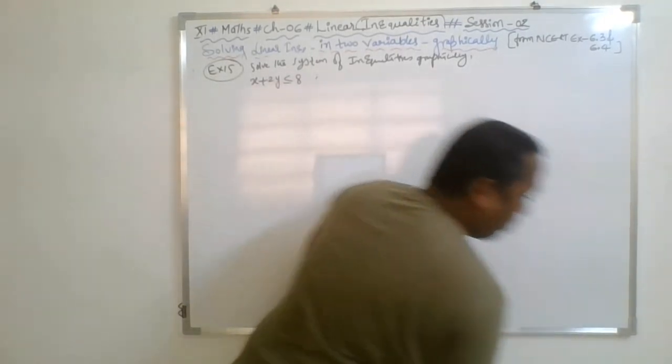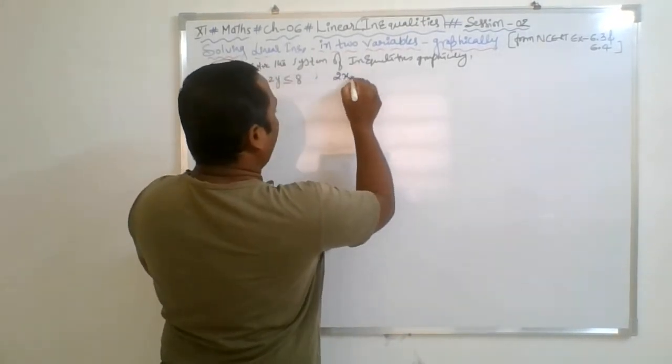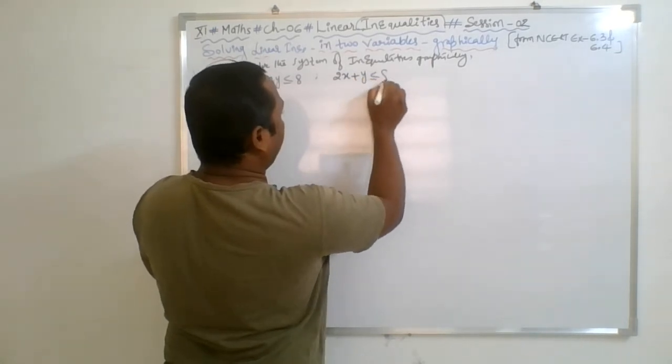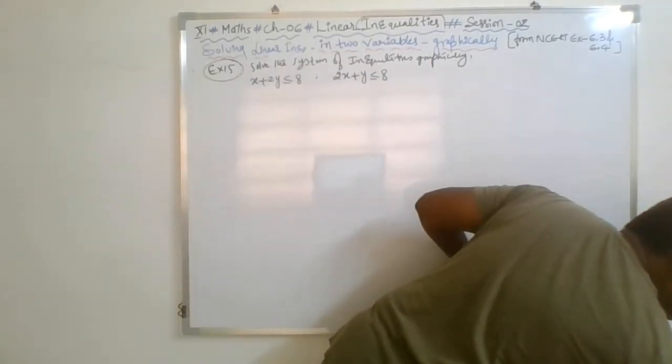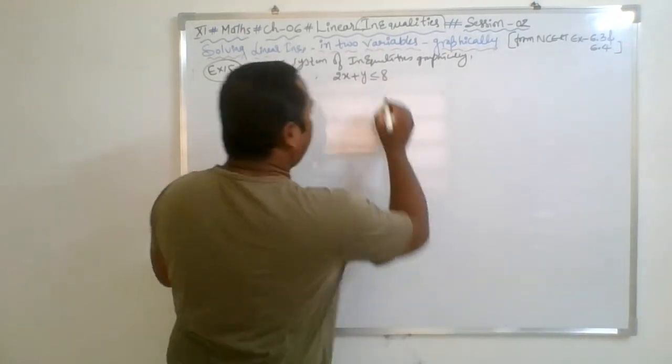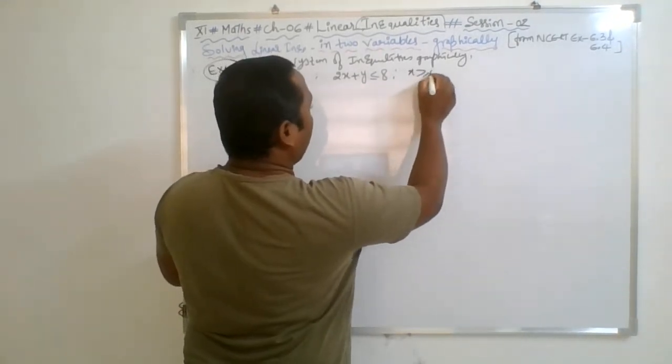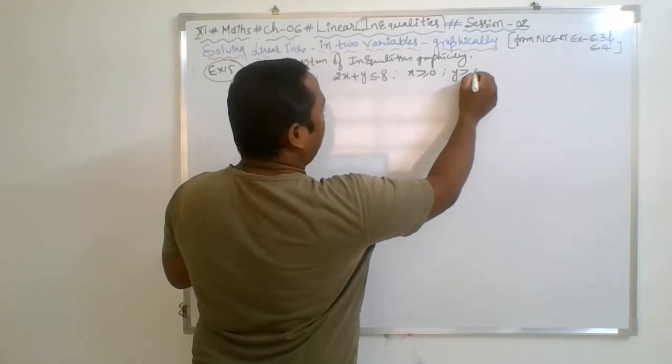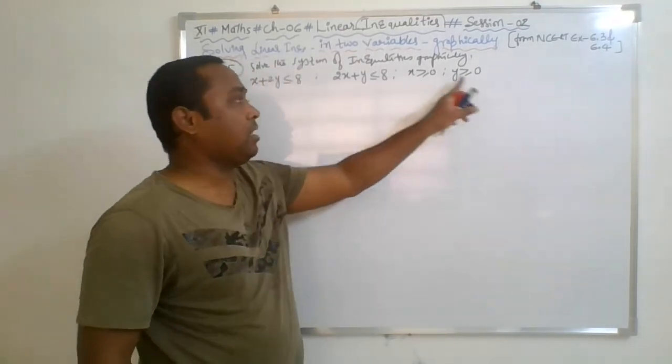and 2x plus y is also less than or equal to 8, and x is greater than or equal to 0, and y is greater than or equal to 0. What does this mean here?